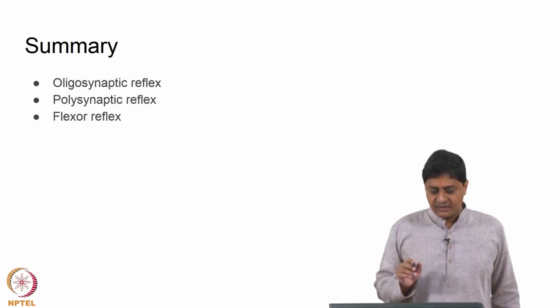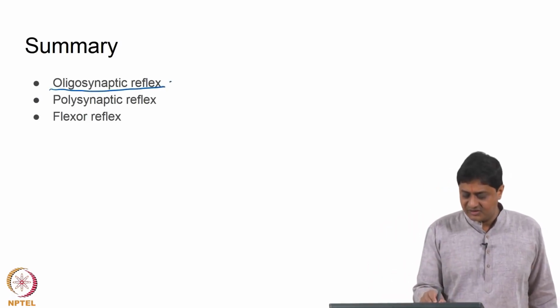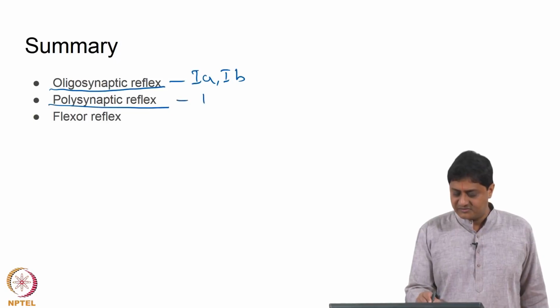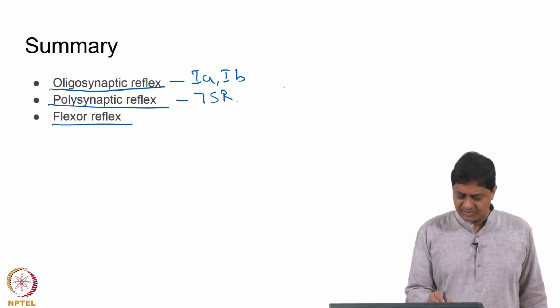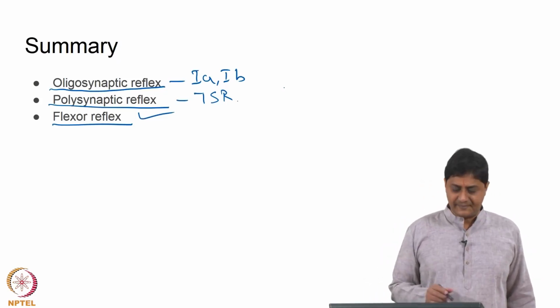So in this class, what we have seen so far is the oligosynaptic reflex, which is 1A, 1B, etc. Polysynaptic reflexes: the tonic stretch reflex and the flexor reflex, okay.